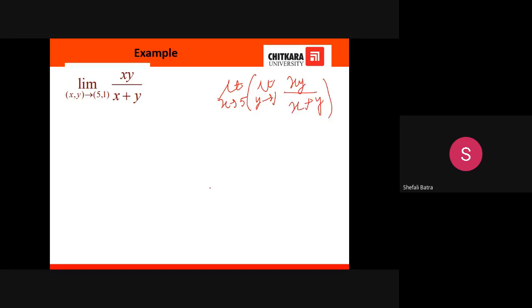Evaluate this. Another way, y approaches to 1, x approaches to 5, xy upon x plus y. See, now this point is other than 0, 0. So you need to check these two paths only. If you are getting the same value along these two paths, then limit exists. Otherwise, limit does not exist.